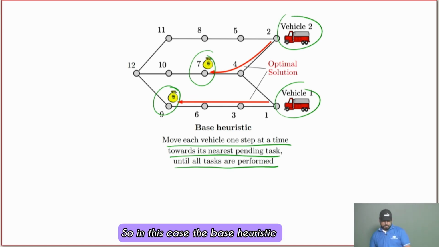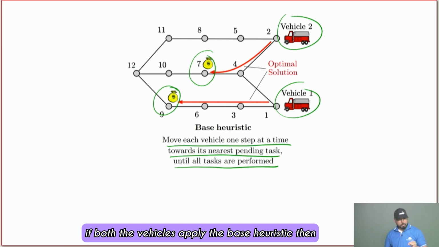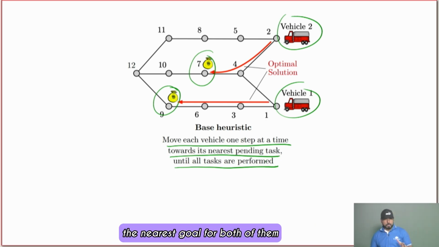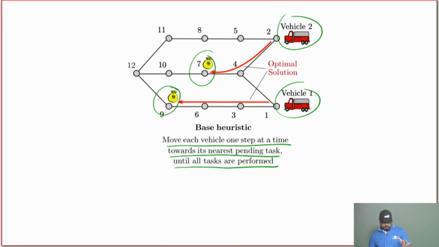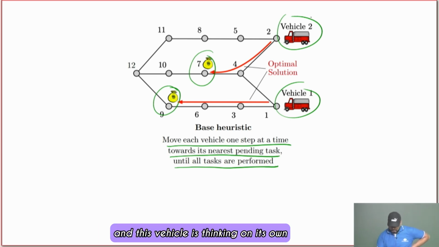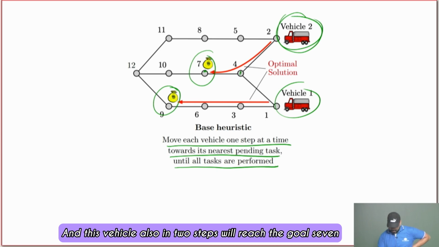In this case, if both vehicles apply the base heuristic, then the nearest goal for both of them seems to be 7. If this vehicle is thinking on its own and that vehicle is thinking on its own, then individually it seems that in 2 steps this vehicle will reach goal 7, and that vehicle also in 2 steps will reach goal 7.